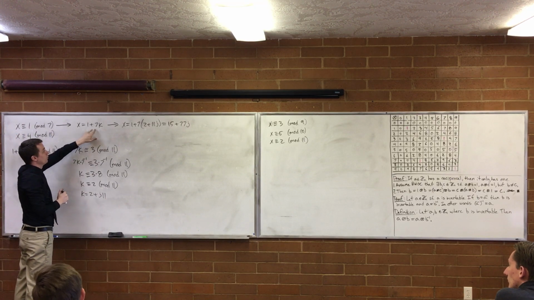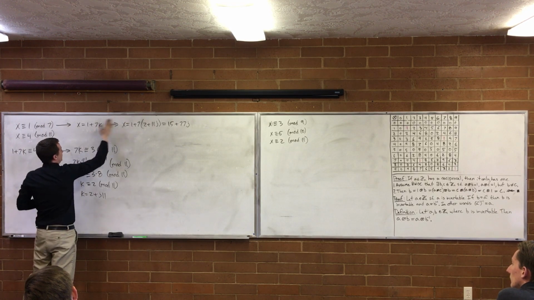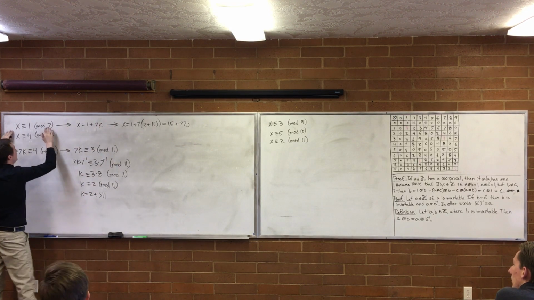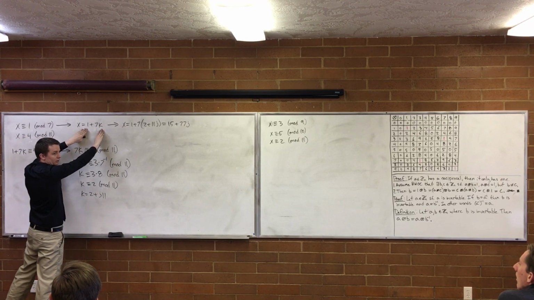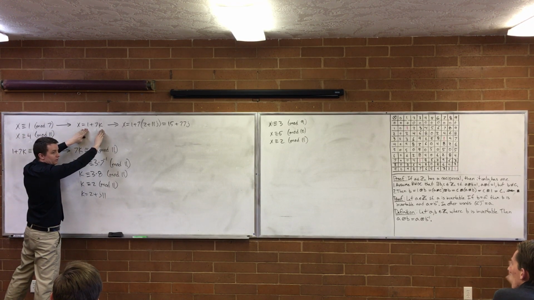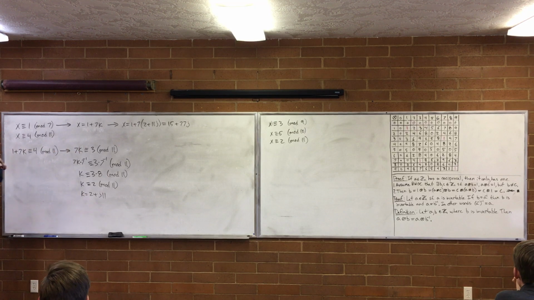It has to be of the form 1 plus a multiple of 7. This equation gives us this much information about our hidden number, our x. At the very least x has to be of this form, otherwise it wouldn't satisfy this equation.